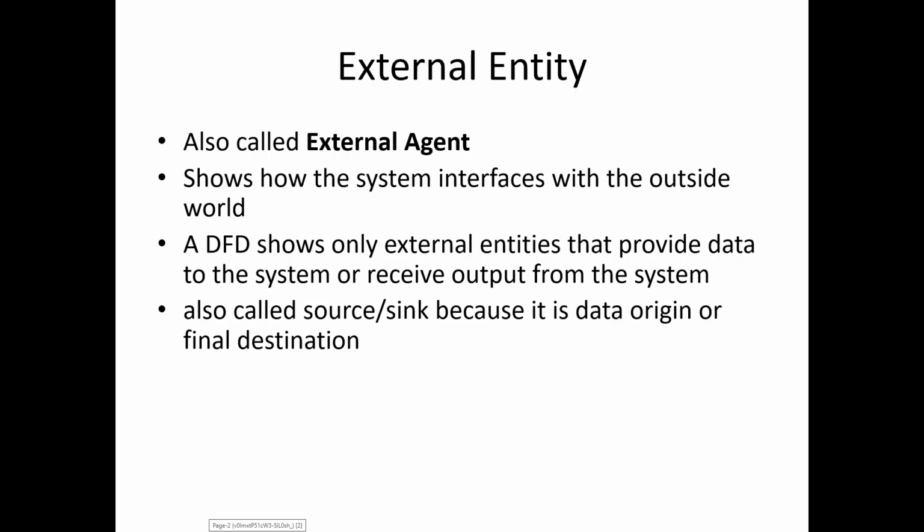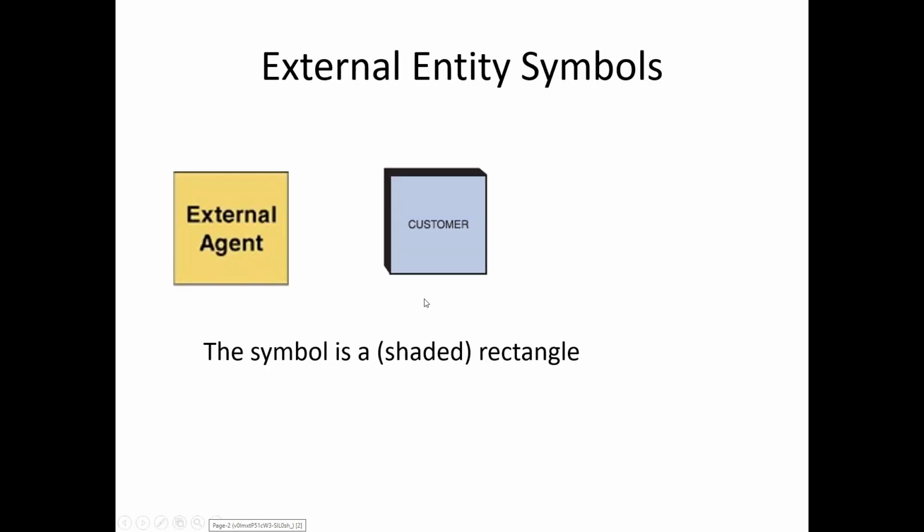So that is why an external entity is also called a source or a sink, because it may be the data origin or the final destination of data. So here in data flow diagram, we use a rectangle or a shaded rectangle to represent an external entity.